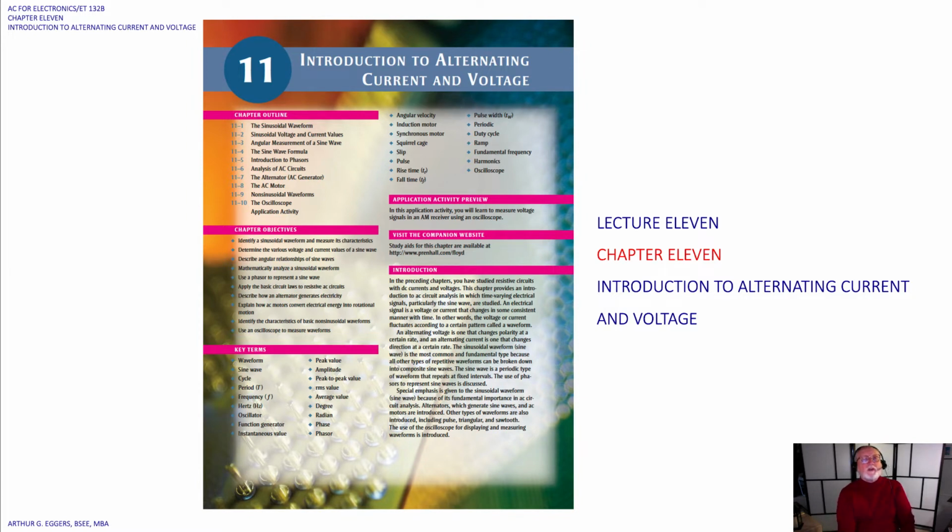So what we're going to look at in this first chapter, chapter 11, is the introduction of alternating current and voltage. Hopefully in your ET131 course, your DC course, you got an introduction to this at the end. For those of you that took the math course 111, you got an introduction to this as well. I do have a series of videos on YouTube for my 111 course.